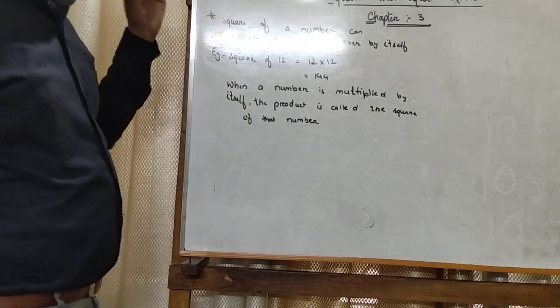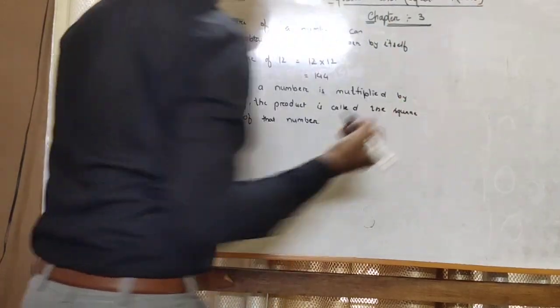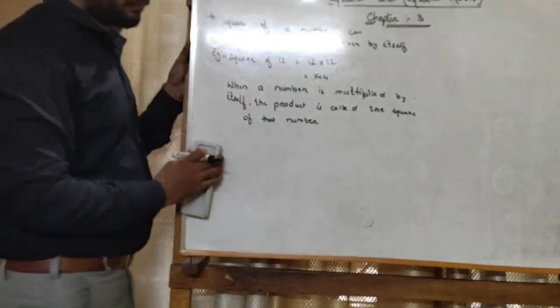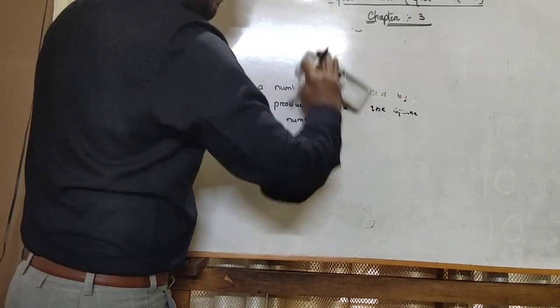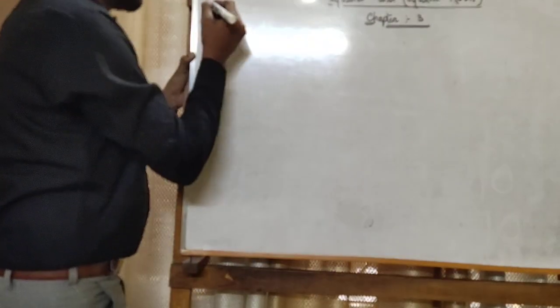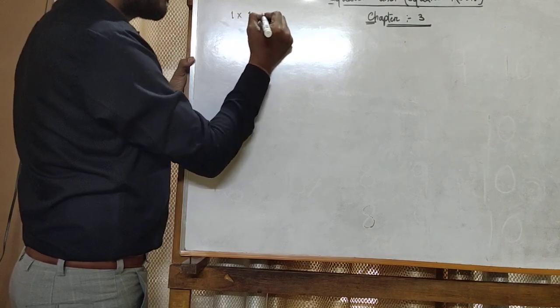Okay, now there is one more topic written in the name of the chapter, that is square root. What is the square root of a number? Let me explain. Suppose 1 multiplied by 1 will give you 1.